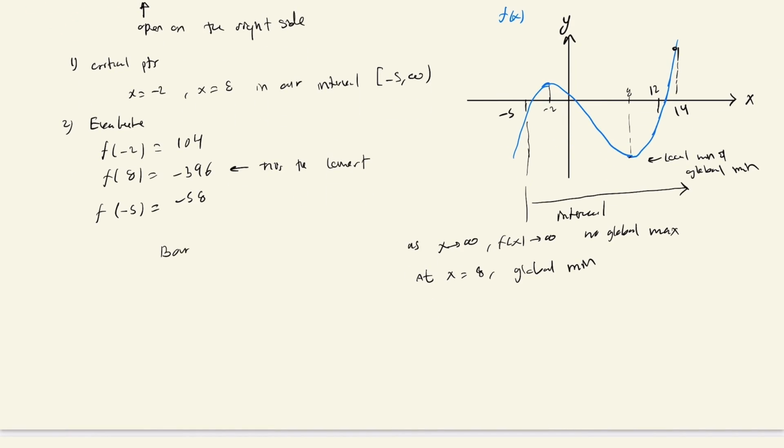Now, note the bounds of the function of x. Remember, f of x is going to be bound between the highest and lowest value, that is between -396, that is the global minimum value of the function, and then between the highest value here we have infinity.